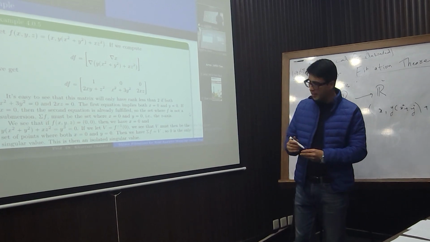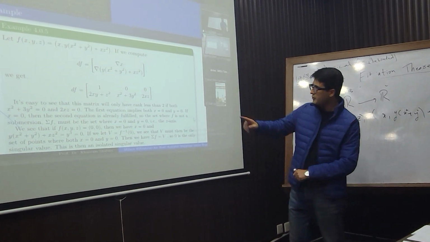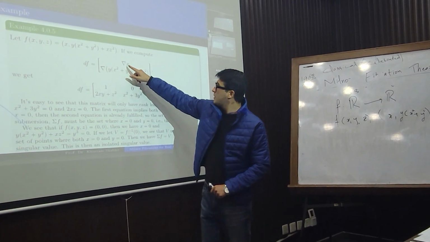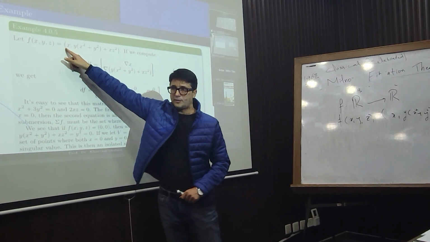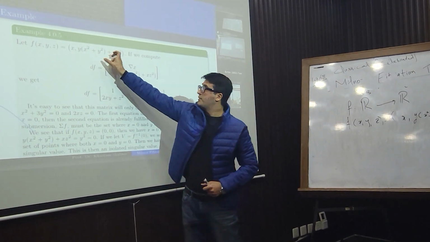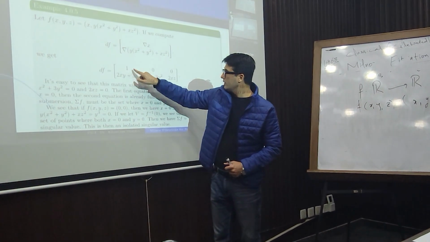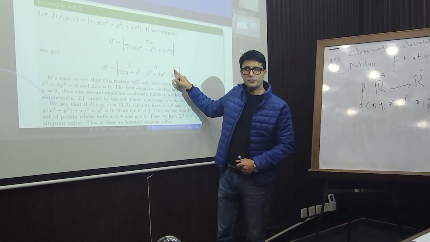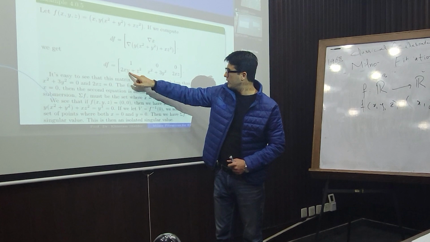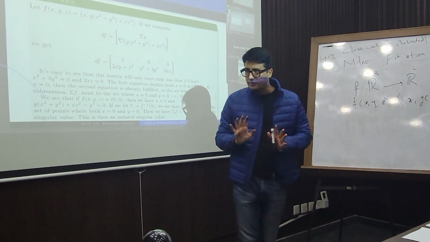So how to find the singularity here? Here you can see the Jacobian matrix. The Jacobian matrix means the partial derivative with respect to x for the first coordinate, and then the gradient of the second coordinate. If you take the partial derivative with respect to x it is 1, with respect to y it is 0, with respect to z is 0. And similarly, you find the derivative with respect to x, y and z for the second coordinate. So this is your Jacobian matrix.